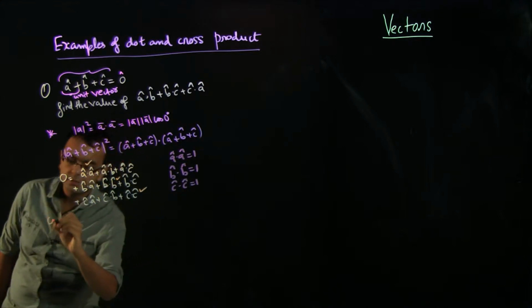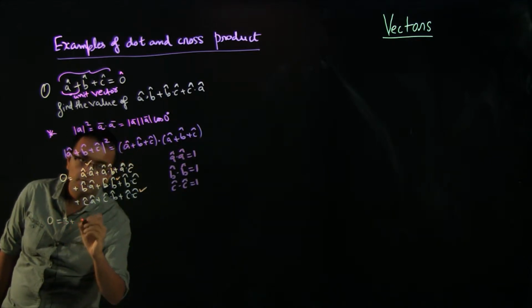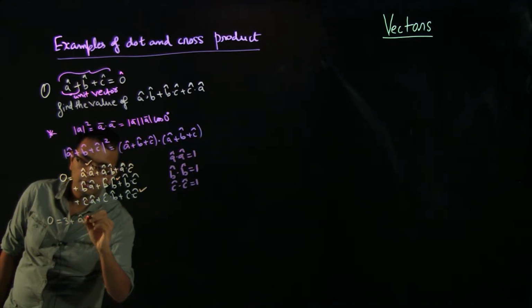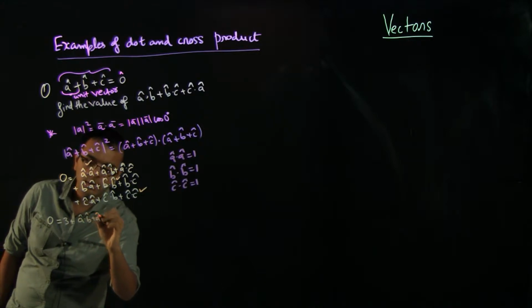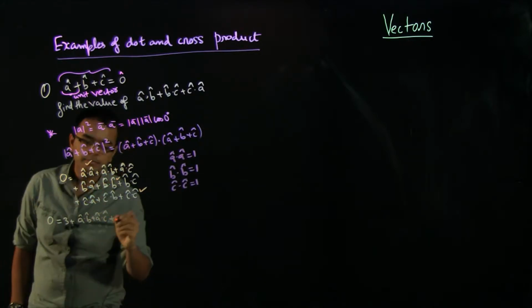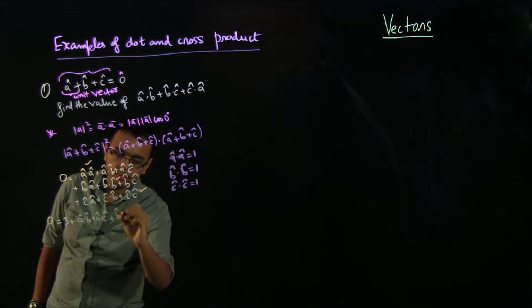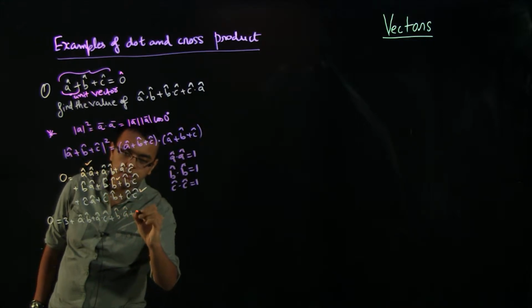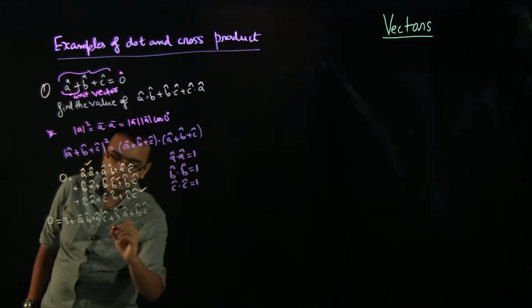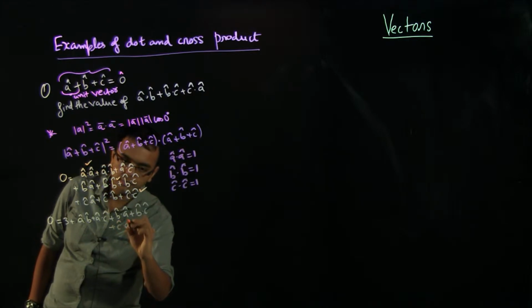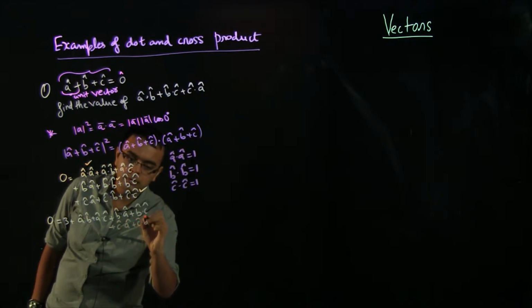So this means that all of these values will be 1. So this becomes 0 is equal to 3 plus a cap dot b cap plus a cap dot c cap plus b cap dot a cap plus b cap dot c cap plus c cap dot a cap plus c cap dot b cap.